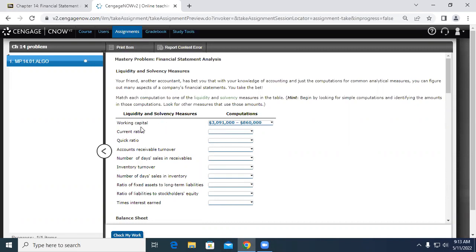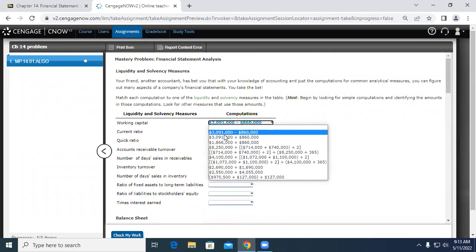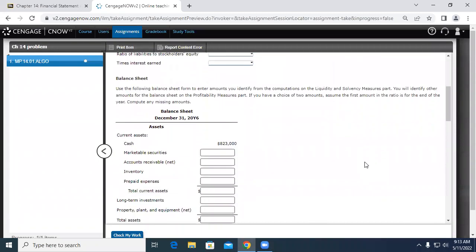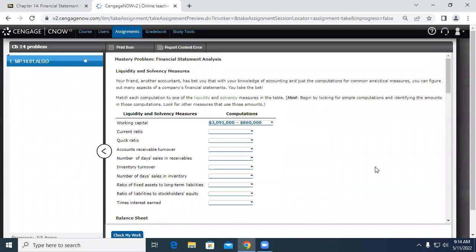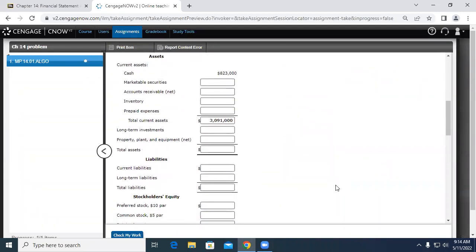So I already identified that working capital must be the 3,091,000 minus 860 because it's the only one that's some number minus some other number. It has to be that one. So what do I already know? Their total current assets are 3,091,000. The current liabilities, not total, the current liabilities are 860,000.